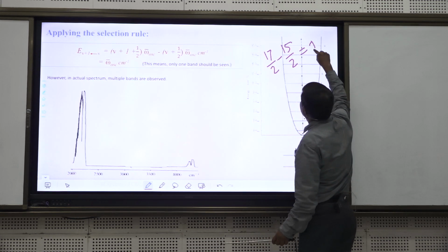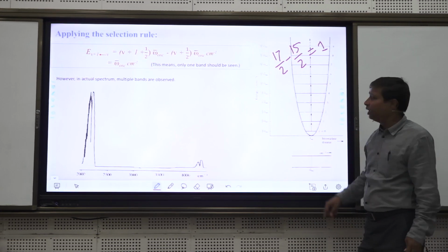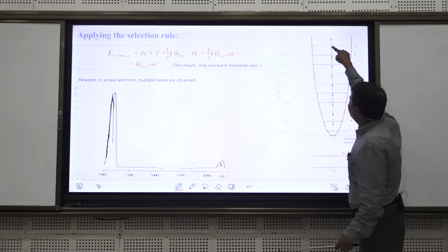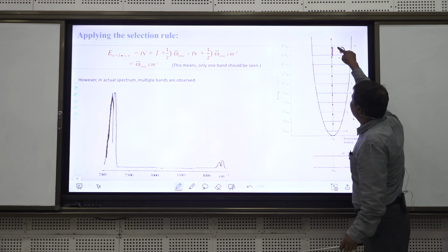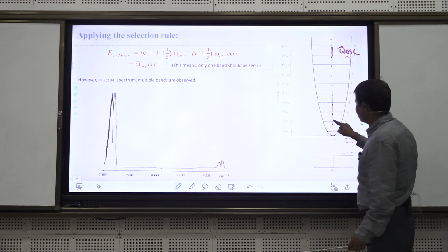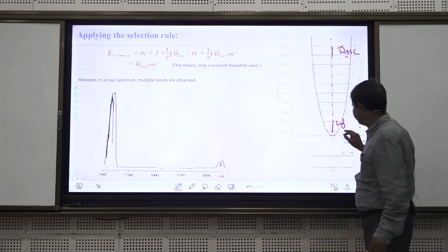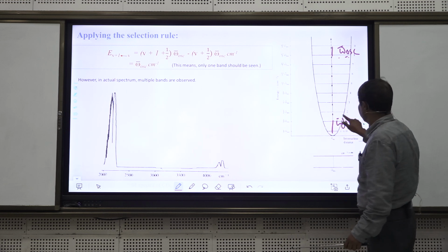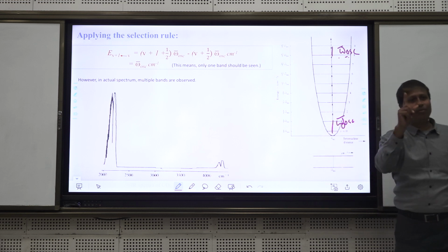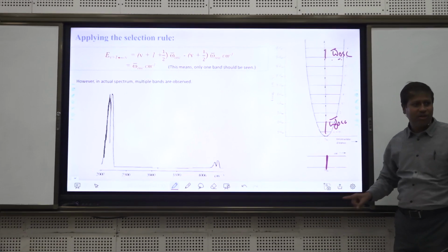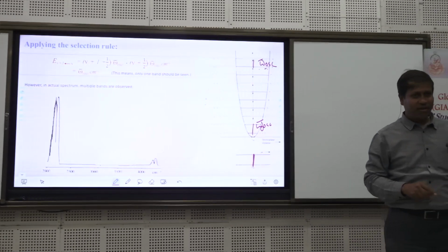So everything is giving the same position. Every band is coming in the same position.